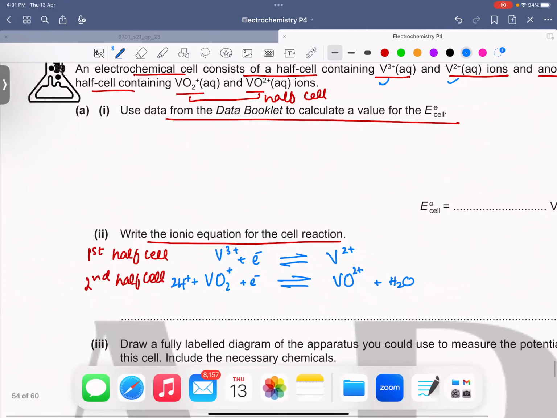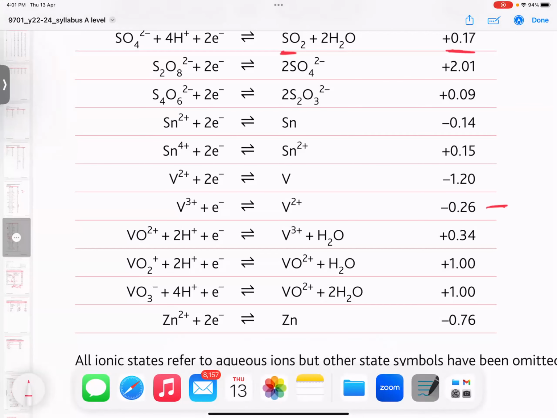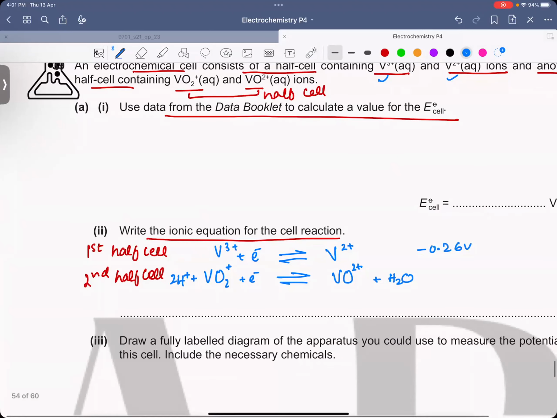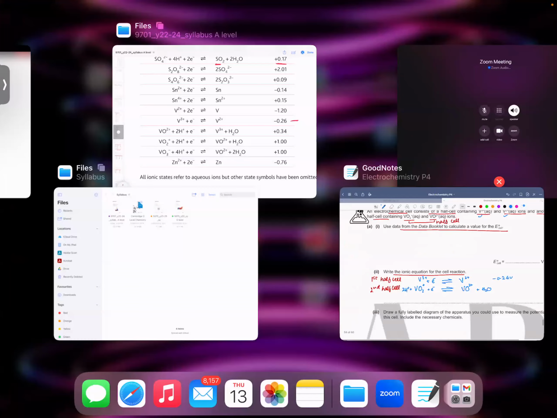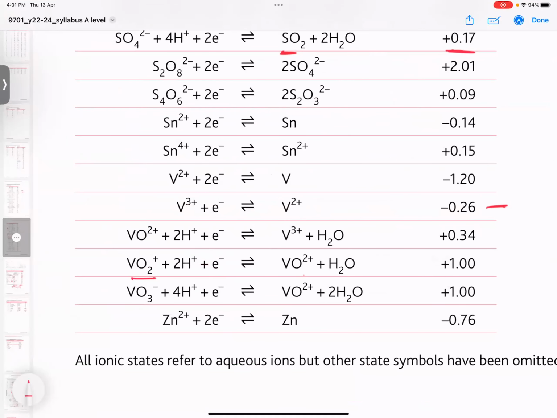Now let's have a look at the E naught values. Minus 0.26. This one has minus 0.26 volt, and the other one is this one, right?